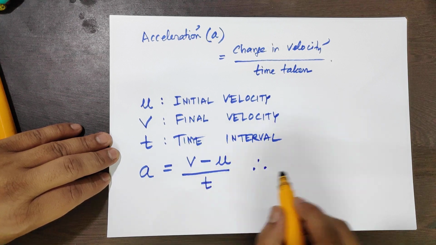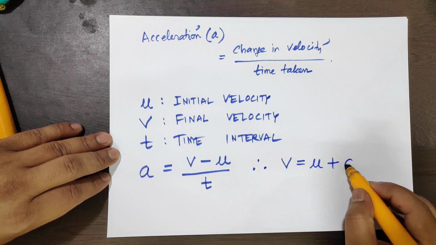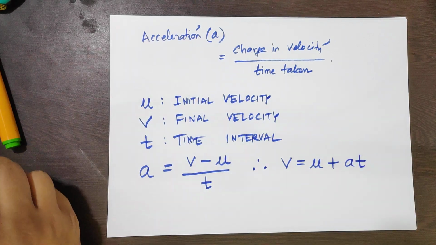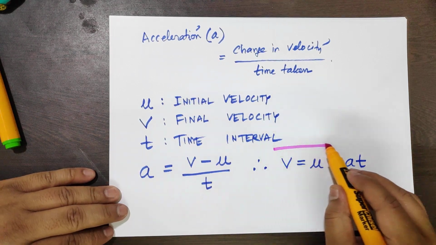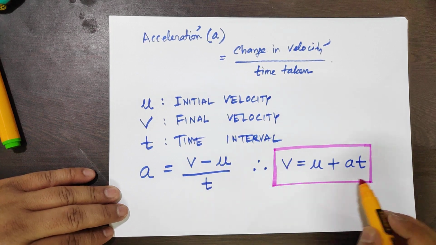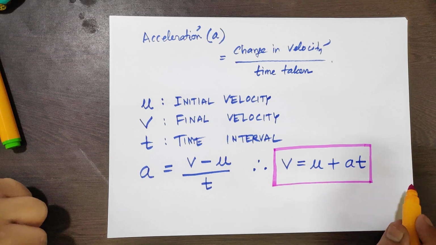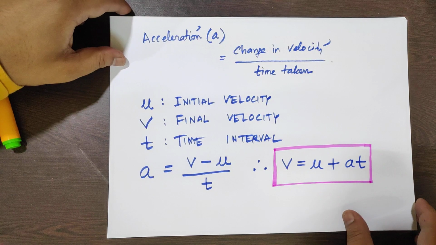Therefore v equals u plus at. Now these are all vector quantities, remember. We are dealing with one dimensional motion in a straight line, so these all will come with signs, right?